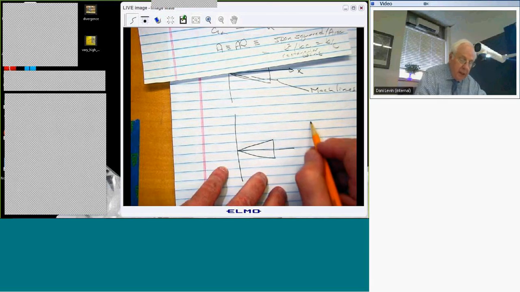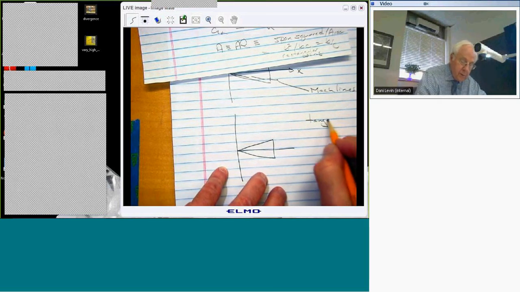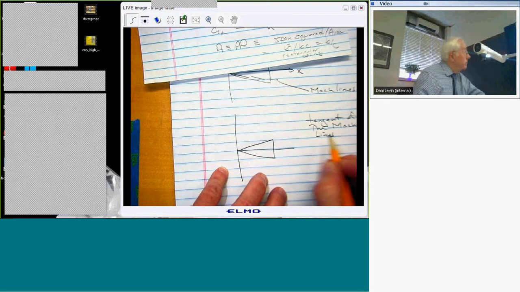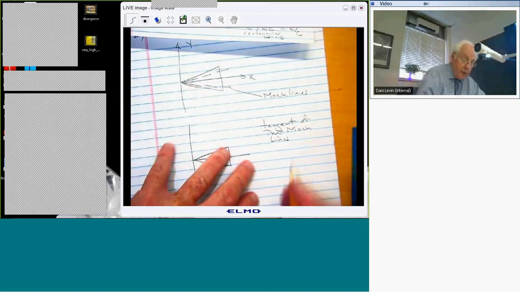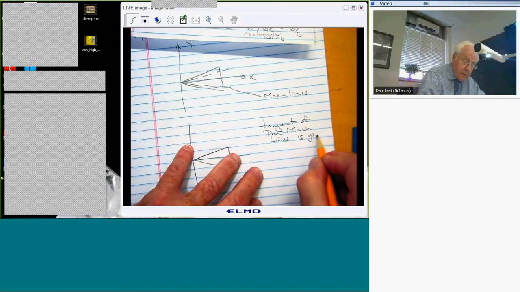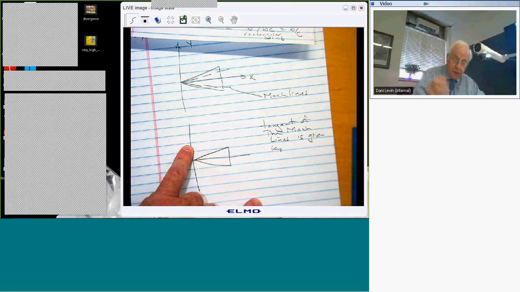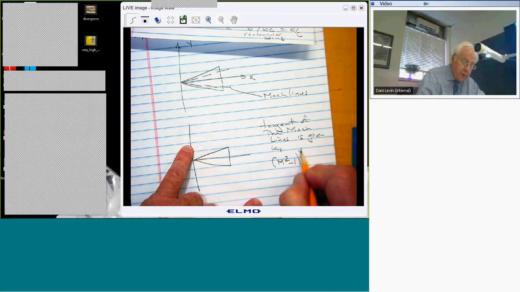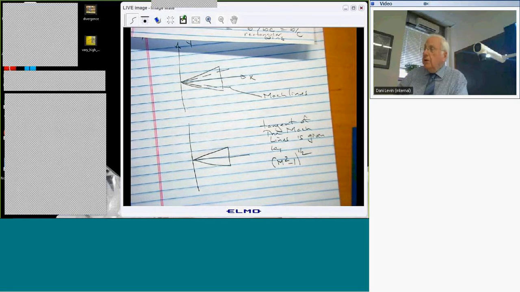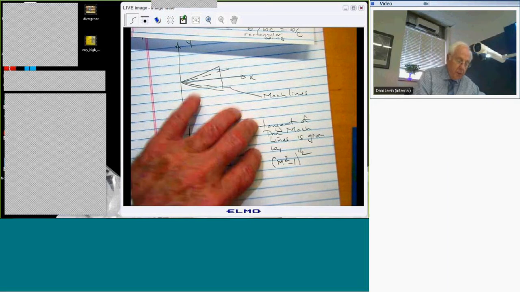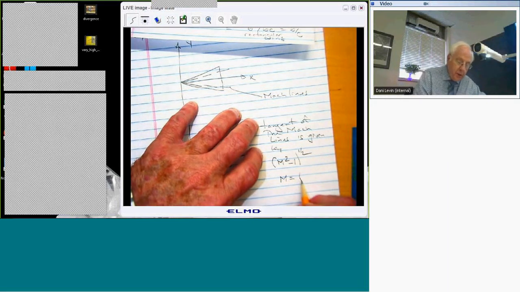Remember the tangent of the Mach lines is given by, in supersonic flow, the square root of M squared minus 1, right? So a particularly interesting Mach number, and we actually almost saw it in some of the other results, would be a Mach number equal to the square root of 2.